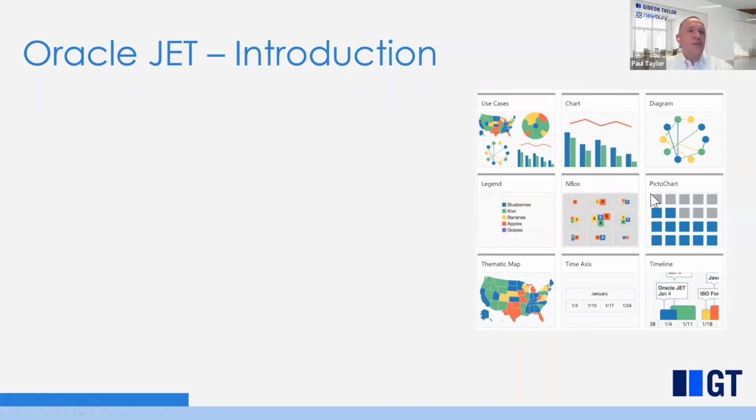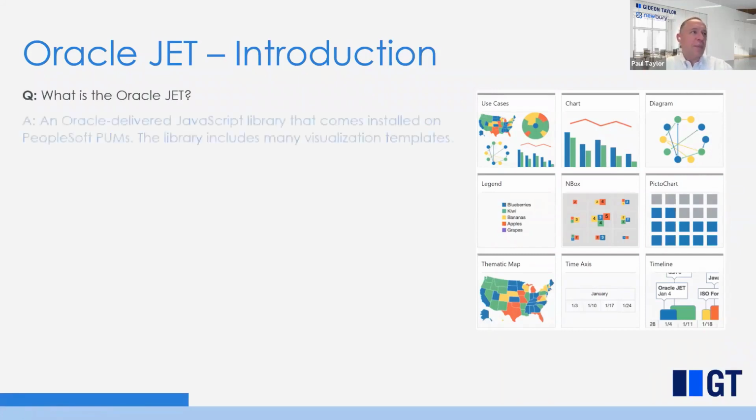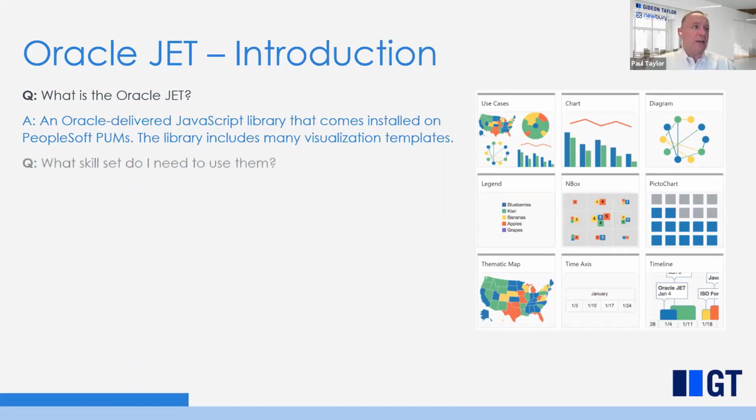But Oracle JET is a library of JavaScript implementations, and it comes pre-installed in PeopleSoft PUMs and can be updated by itself. That library includes all sorts of things, but among those are visualization templates, like the ones you see on the right here.